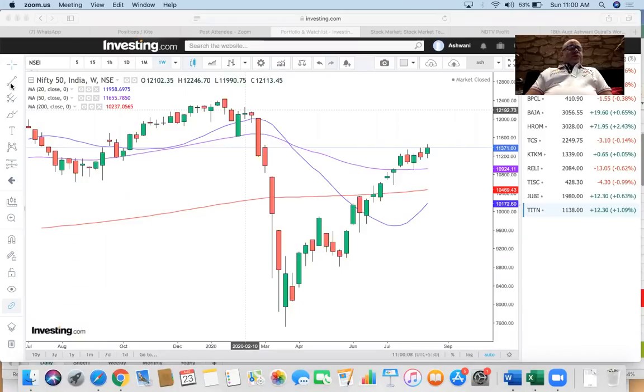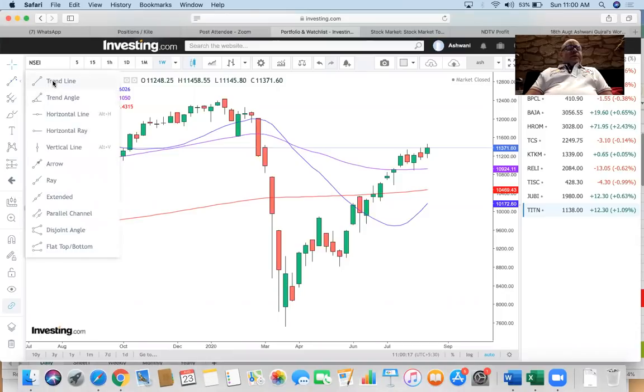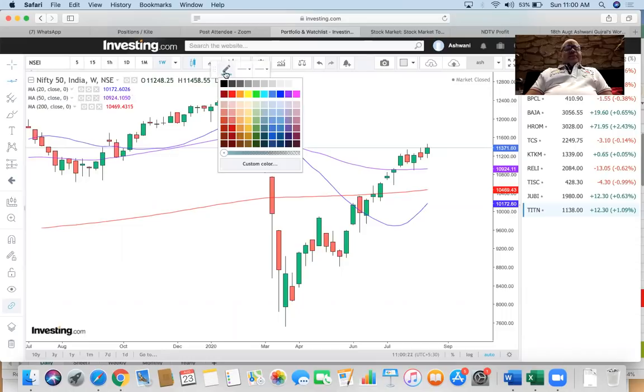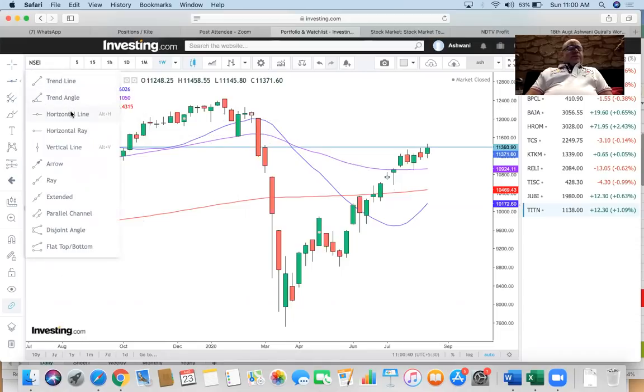Why can't I draw? Let me see. This is the horizontal line, and this horizontal line we can... Please bear with me.